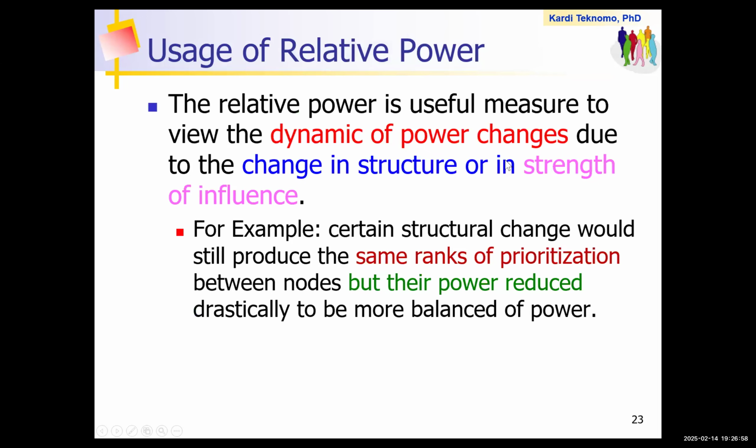Once you get the ideal flow of Premier and Cardinal, you can check the change in structure, change in influence, and how much power they actually produce. For example, a certain structural change will still produce the same rank in terms of prioritization, but their power is actually reduced drastically.